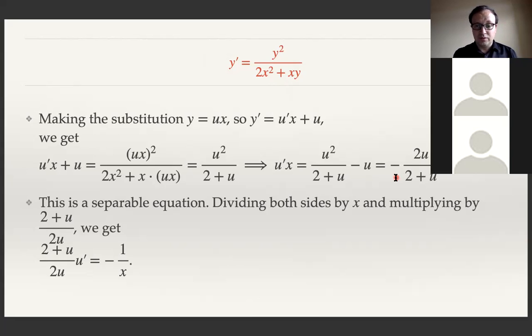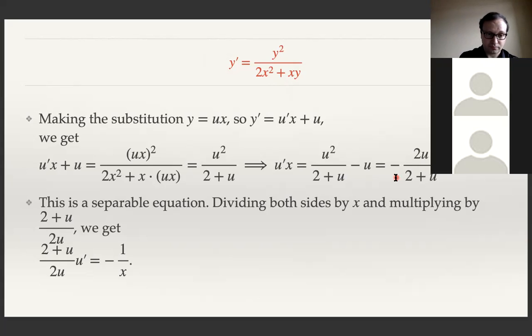In order to separate it, we need to bring the factors containing u back to the side containing u prime. So in order to do that, we multiply the equation by 2 plus u over 2u. Notice that this is not homogeneous, it's only separable.